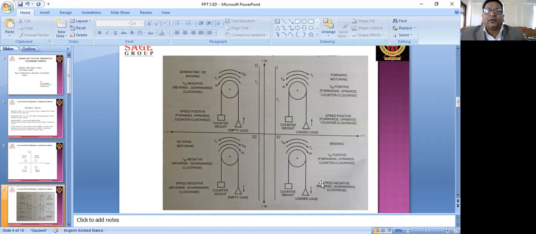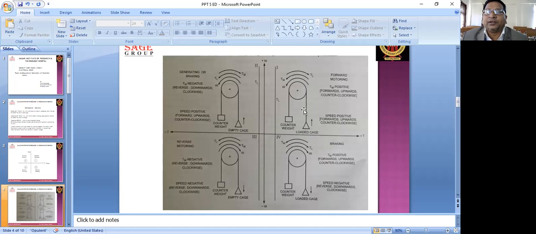This one is the case of a hoist or lift. Here this is the motor, this is the loaded case, and this is the counterweight.